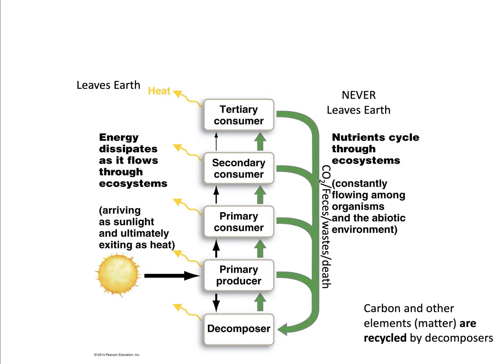And so when we talk about those nutrients, we're talking about matter. And matter, importantly, cycles. So if you've got this primary producer that produces some amount of biomass, some percentage of that biomass ends up dying or getting wasted and goes down to the decomposers. So these are the detritivores. These are things that are taking in things like CO2, feces, wastes, all the sort of dead detritus that gets left around. It cycles down.